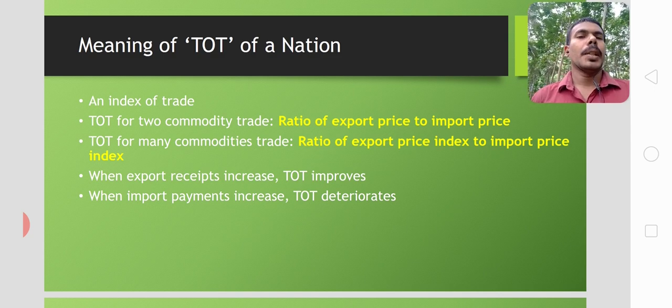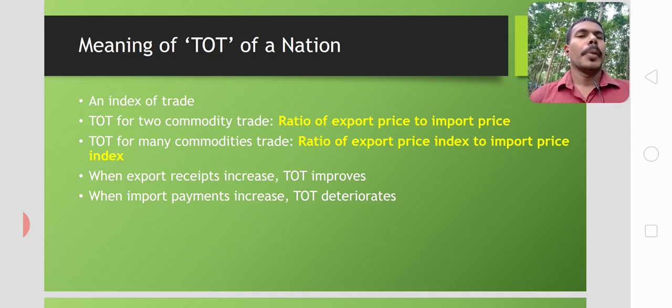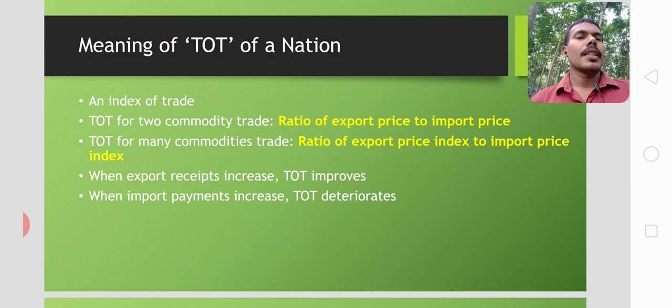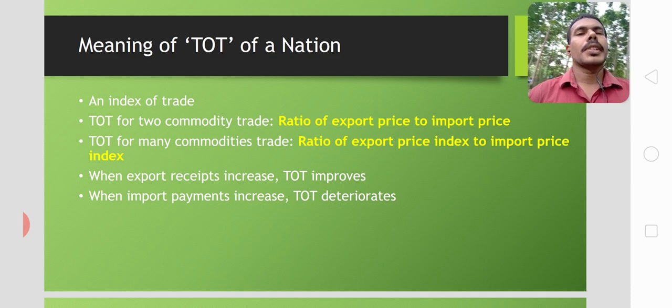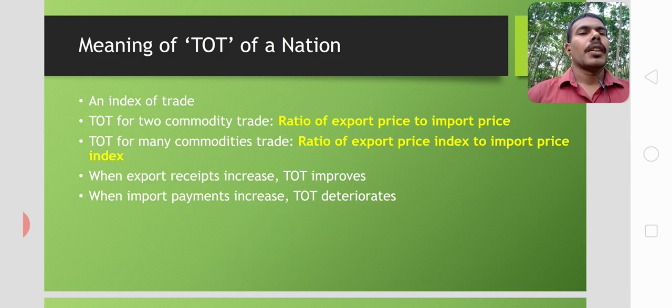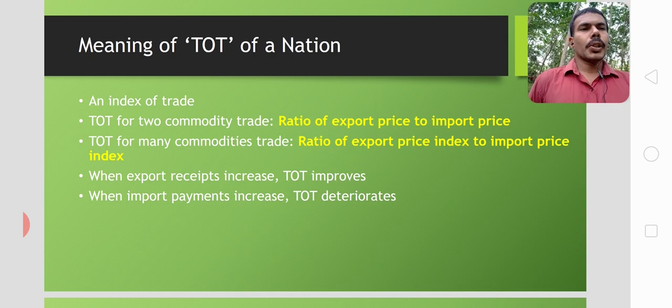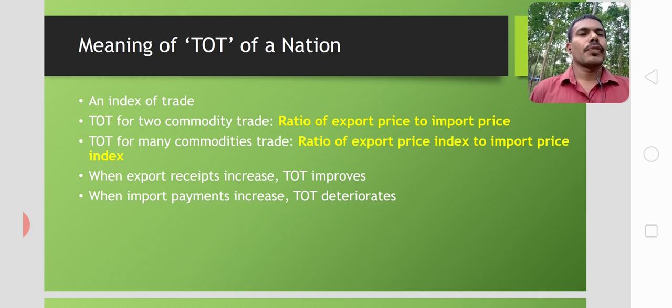At the same time, for many commodities trade, as we see in the current world, the terms of trade is calculated by measuring export price index by import price index. That means the price index of export commodities divided by the price index of import commodities.